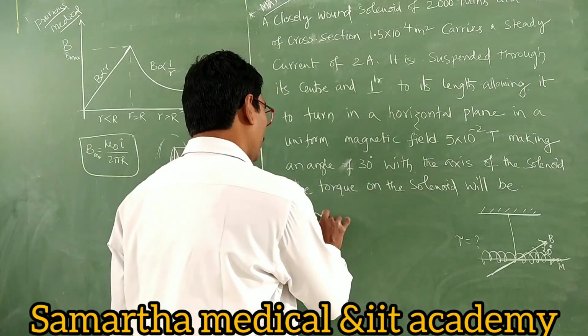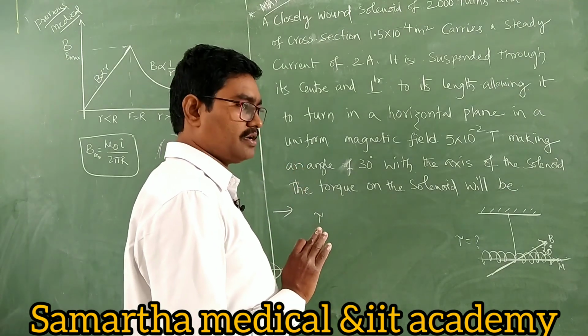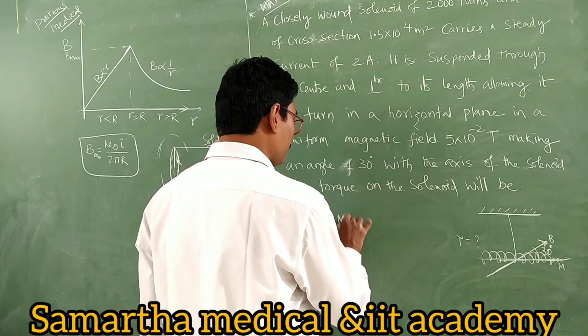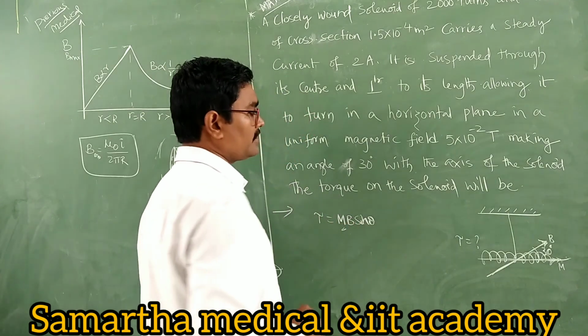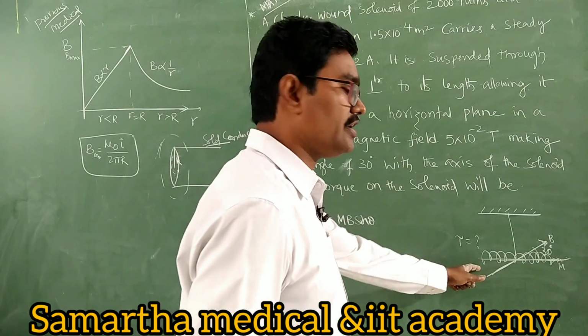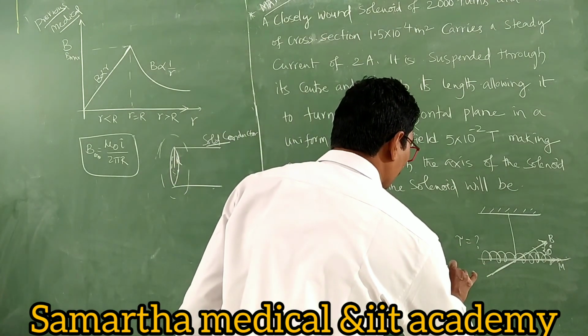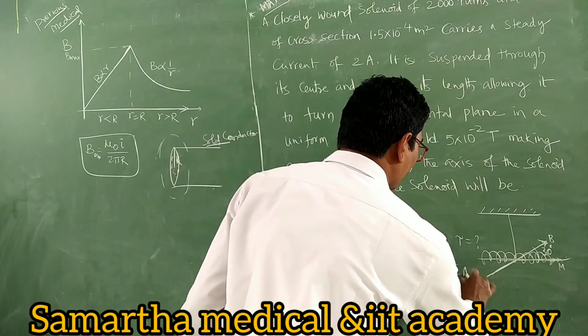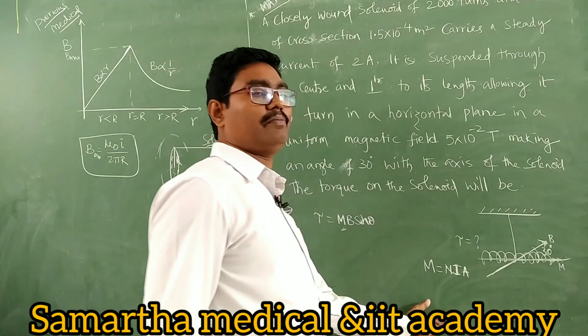Okay, so the torque formula for a magnet is tau equal to m bar cross B bar, so nothing but m B sin theta. What is m? m is the magnetic moment. For a solenoid or a circular loop, the magnetic moment M is equal to NIA. That is the magnetic moment formula.